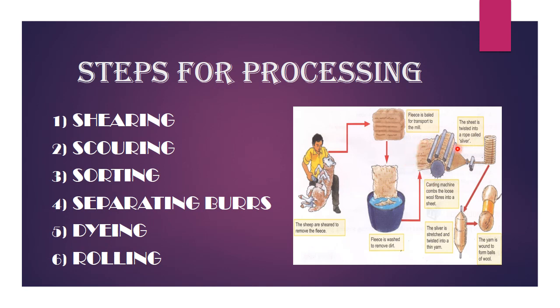Can you see? The wool is dyed. Dyed means giving colors, using different colors. The fibers are then rolled over onto one another into fine strands called slivers.